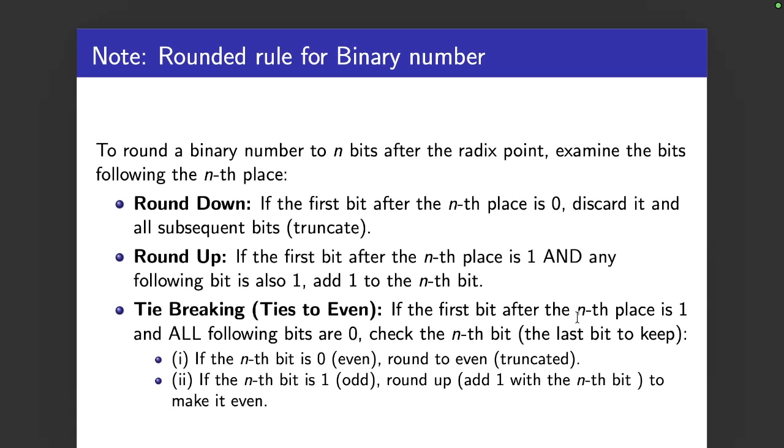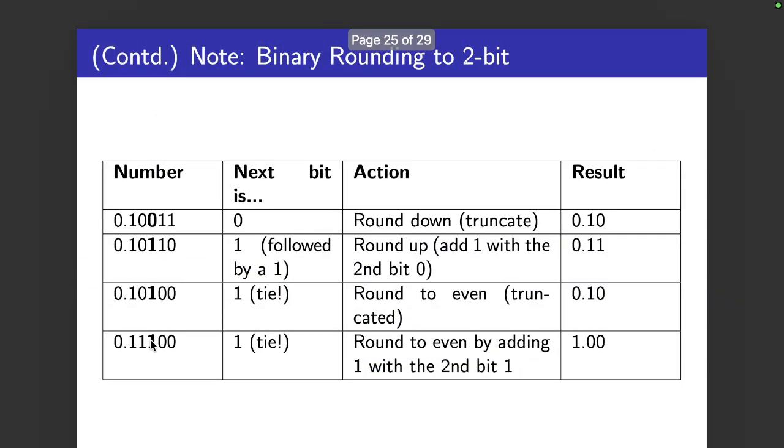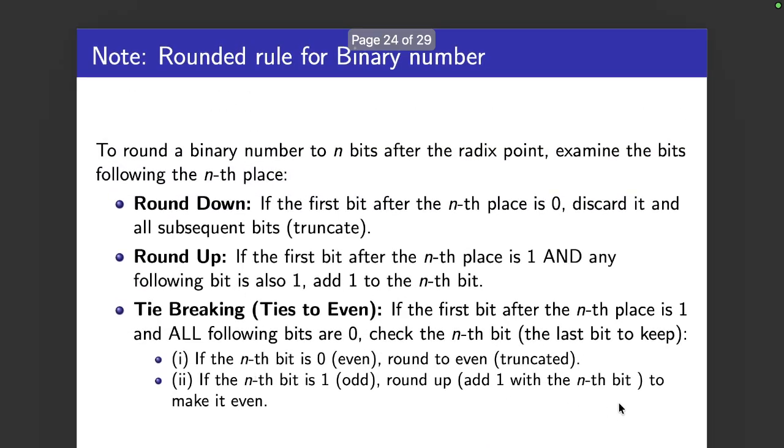Here the nth bit is 1, the bit after it is 1 and followed by 0. So round to even by adding 1. 1 plus 1 is 0, carry 1. 1 plus 1 is 0, carry 1. So 1.00 by this rule.